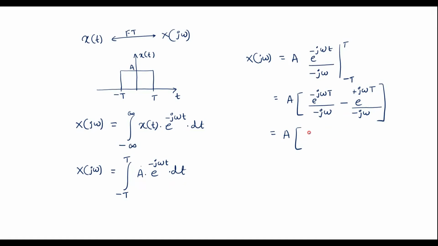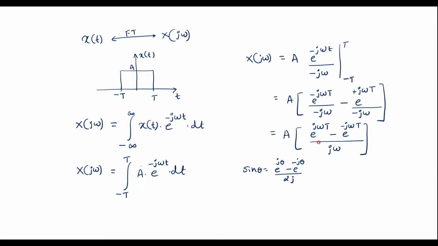I will represent it as first, that is e power j omega T minus e power minus j omega T divided by j omega. Or I can represent it as, we know that sin theta can be represented as e power j theta minus e power minus j theta divided by 2j.